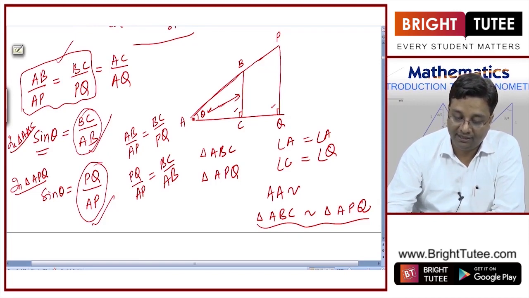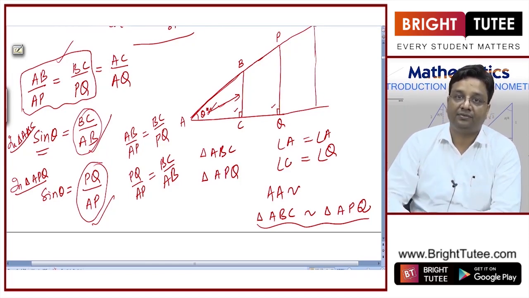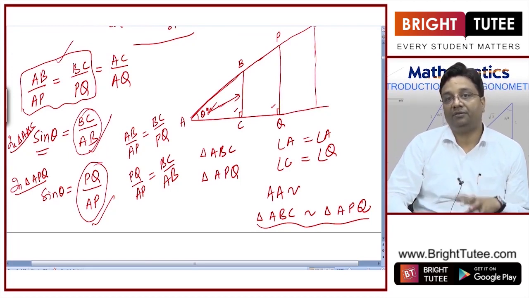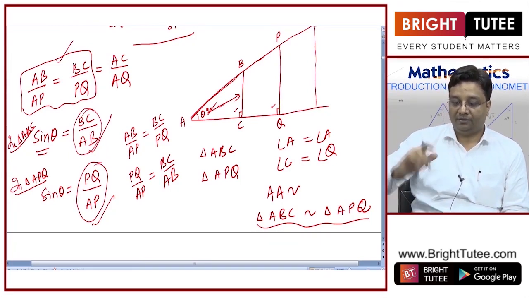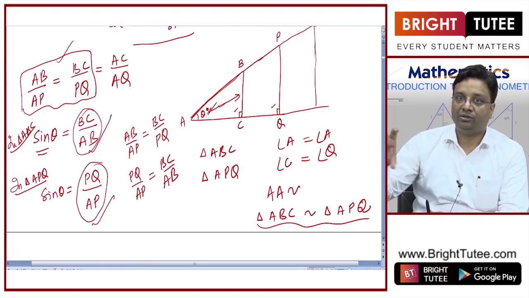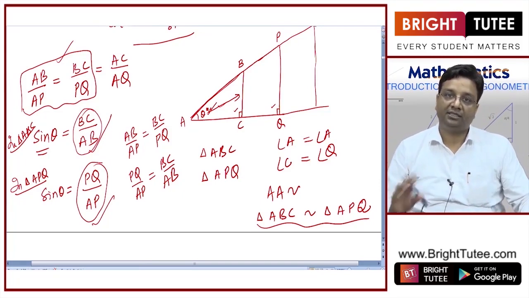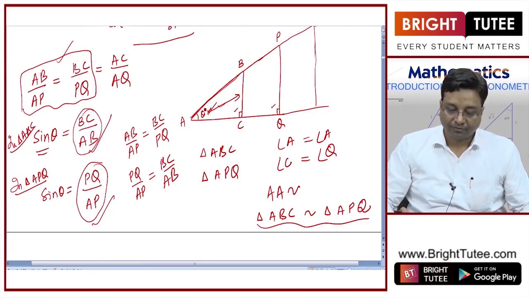So these sides can be extended to any length. It won't make a difference on the trigonometric ratios of angle theta. Sin theta, cos theta, tan theta will remain the same for all the triangles that you can make using these sides, like by extending these two in the same ratio, right? Because these triangles will always be similar triangles and the ratios will be equal.